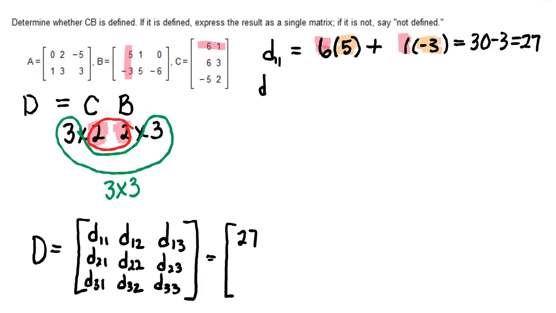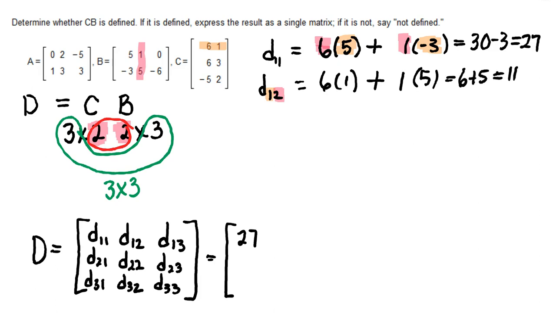Let's do the next entry, D12. To do this calculation, we want to use row 1 of matrix C and column 2 of matrix B. So this is going to give me 6 times 1 plus 1 times 5. That's 6 plus 5, which is 11.